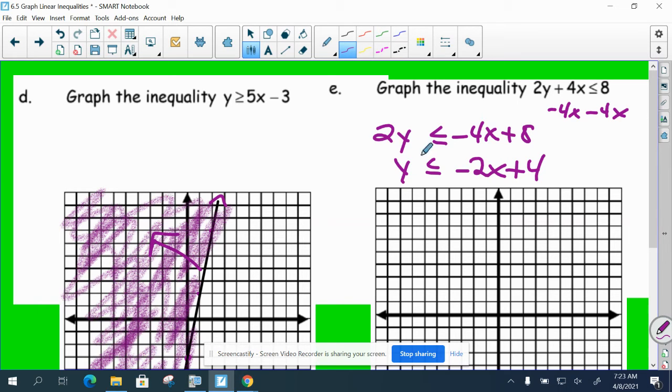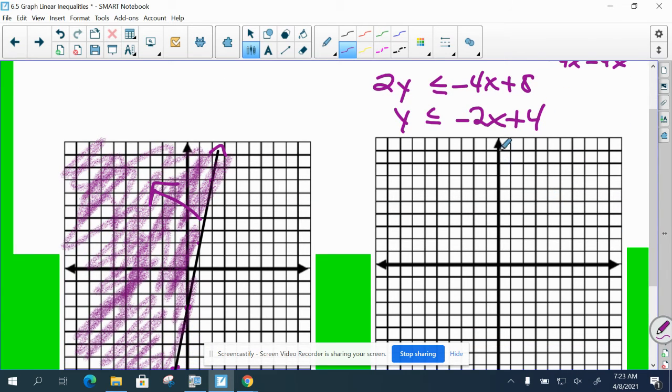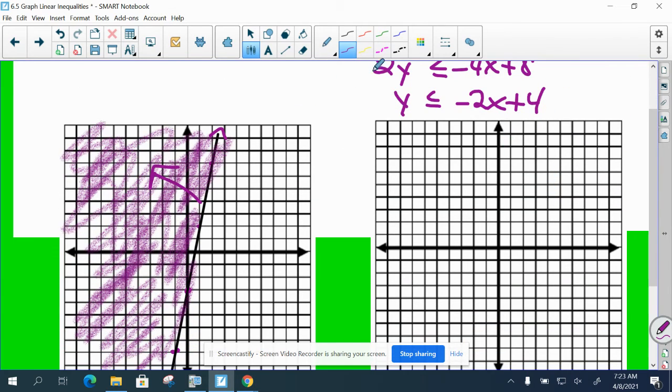And remember that the rule for flipping signs is if you divide by a negative number. So we're not doing that in this example. We were subtracting, but that's not the same as dividing. All right, so this one has 4 for the y-intercept, 1, 2, 3, 4, and negative 2 for the slope. So go down 2 over 1, down 2 over 1, and then up 2 over 1, up 2 over 1.